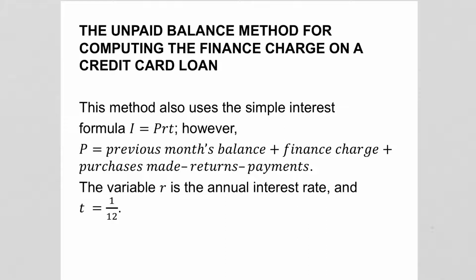This method also uses the simple interest formula. However, P is the previous month's balance plus the finance charge, plus purchases made, minus any returns and payments. The variable R is the annual interest rate, and T is 1 divided by 12.